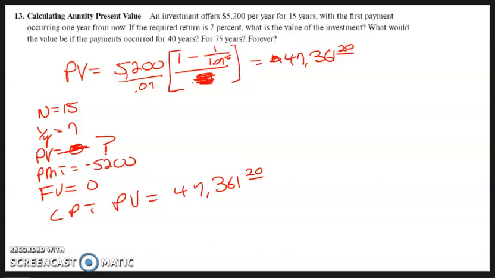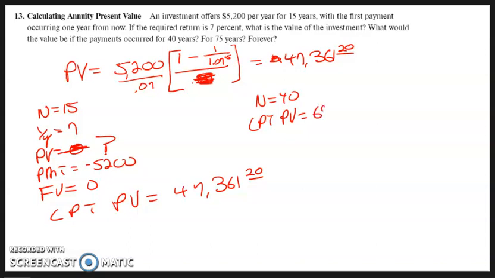The only change is your 15 becomes 40, so on your calculator you change N to 40, and then compute PV. The length of time increased, the number of payments increased, and the rate didn't, so the value has to go up.